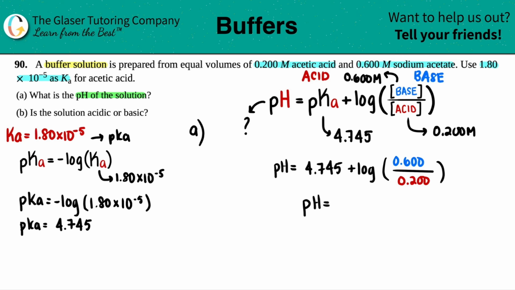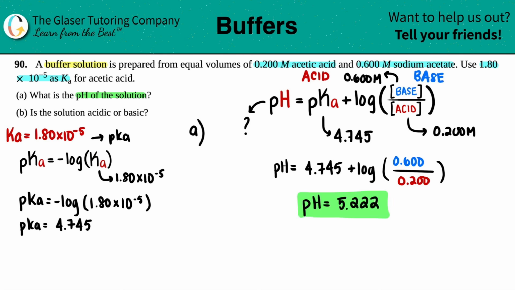Either way, I'm just going to get the pH value. So I'm going to do log 0.6 divided by 0.2, and then add that to 4.745. And for sig figs, pH is a little bit weird, but I think you need 3 sig figs after the decimal. So I'm going to say 5.222. No units for pH. And that's the answer for the first part. That's A.